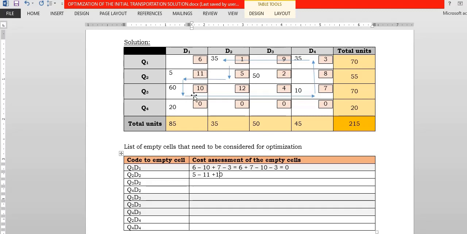Then if you go straight to the right, you find a 7 there. This is negative 7. Upwards, you find a 3, positive 3. Then if you go across again, you find a 1. 1 is a minus 1.